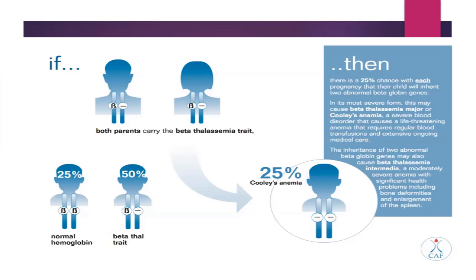That's why it's very essential to check hemoglobin electrophoresis for A2 before marriage. Screening here is vital. We will end with this slide.